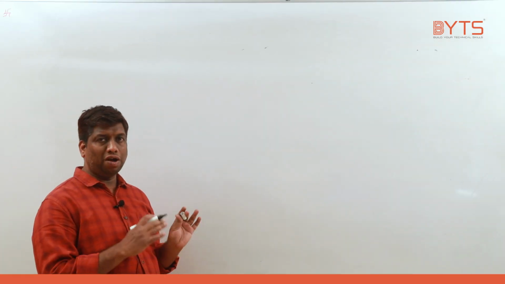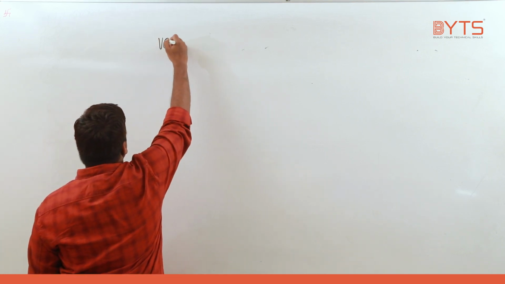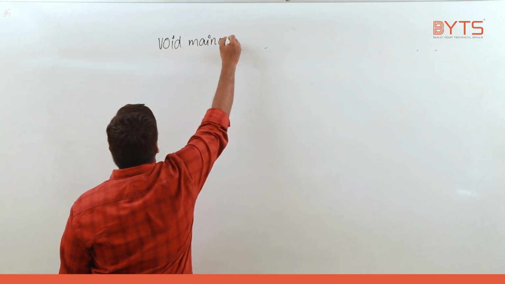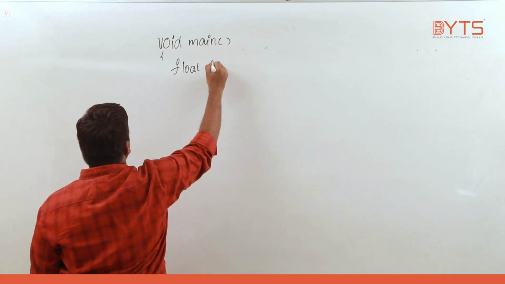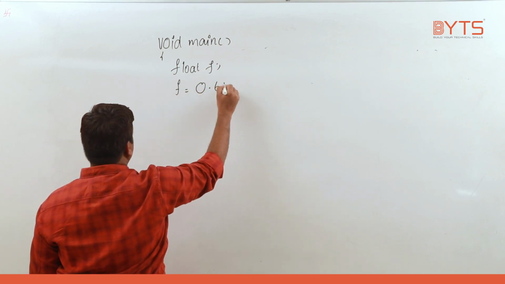Take this example, pause the video and get the output. void main, float f is equal to 0.6.